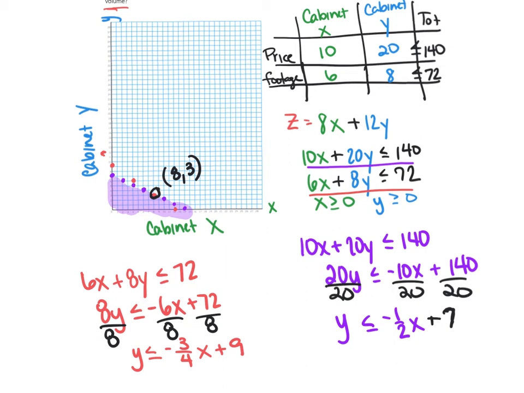There's the red line, there's the purple line. Your other intersections are at this point, which is 0, 7, and down here at this point, which is 12, 0.